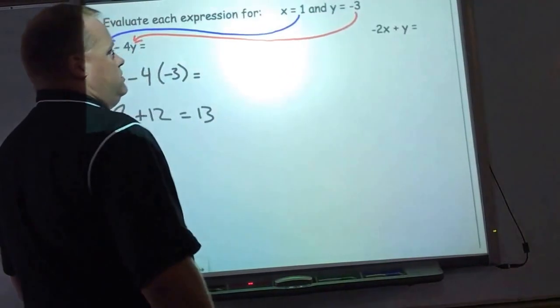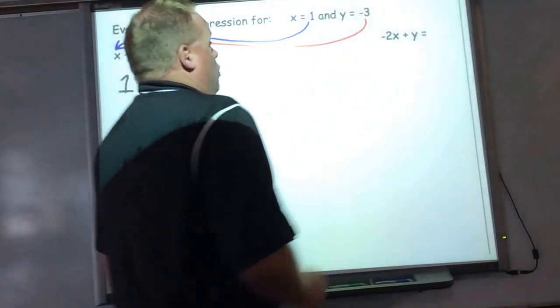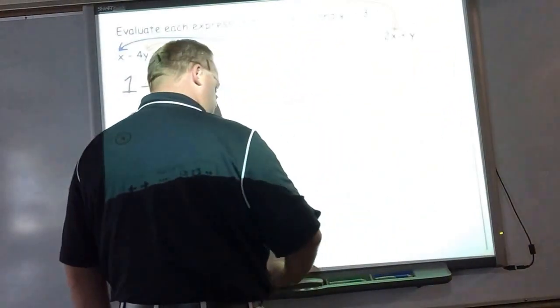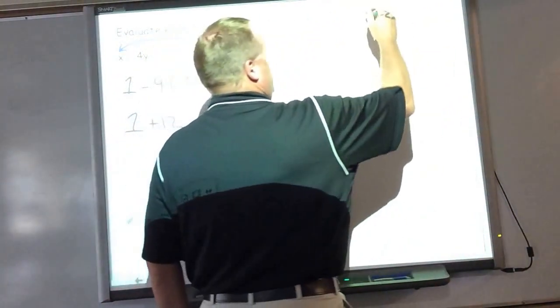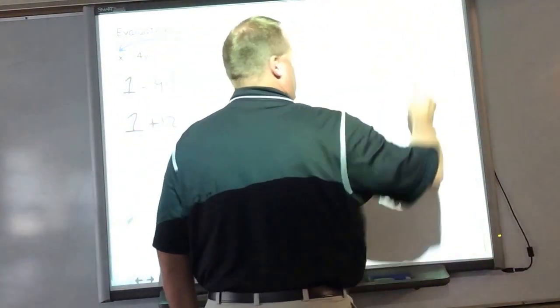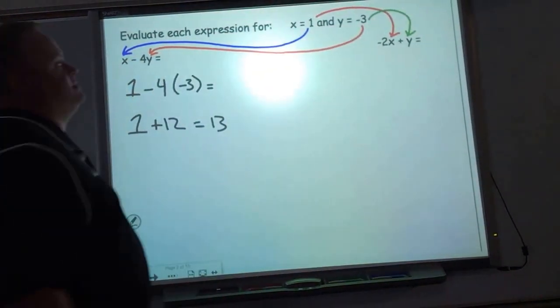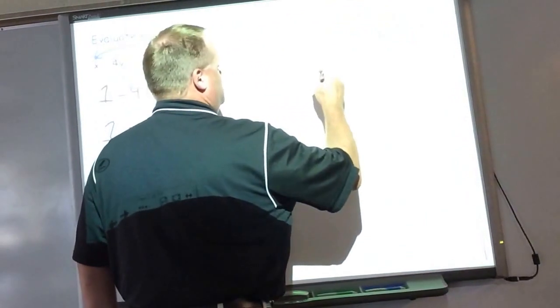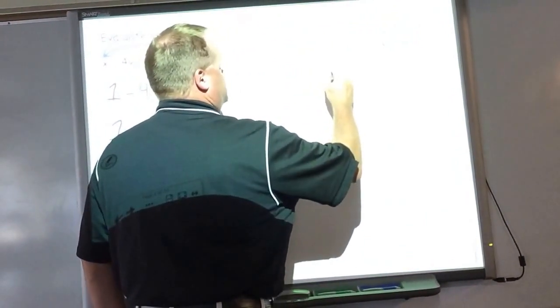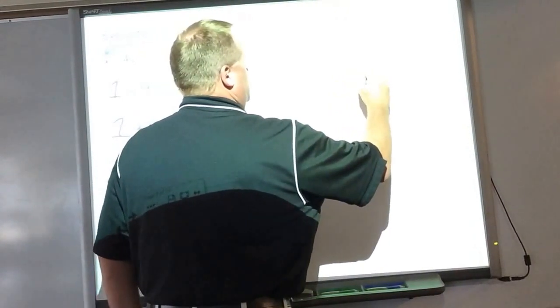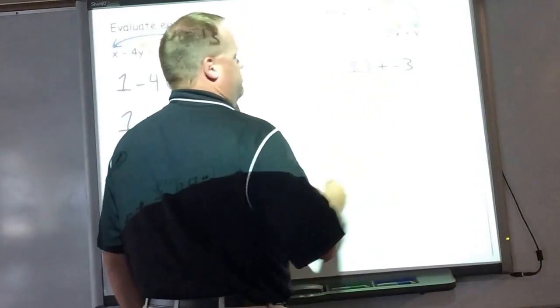I'm going to substitute this time a 1 for this x, so I'm going to do this one, and then I'm going to substitute this -3 for this y, and I'm going to solve that expression. So when I look at this, this is going to be a -2 times 1, and that's going to be added to a -3.